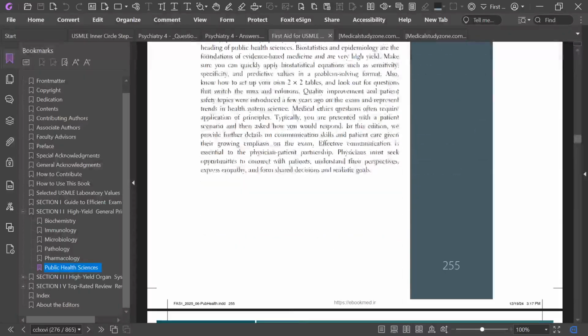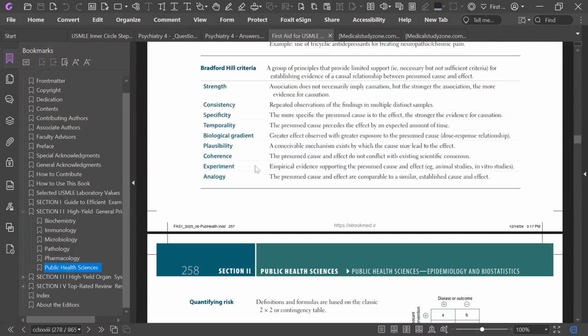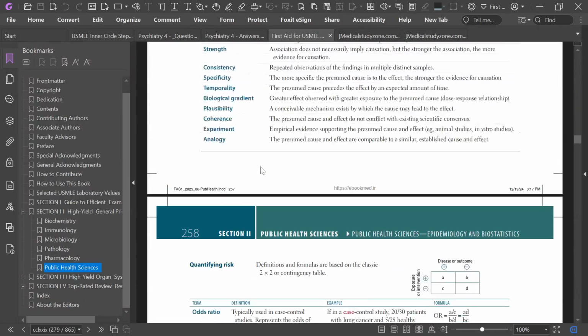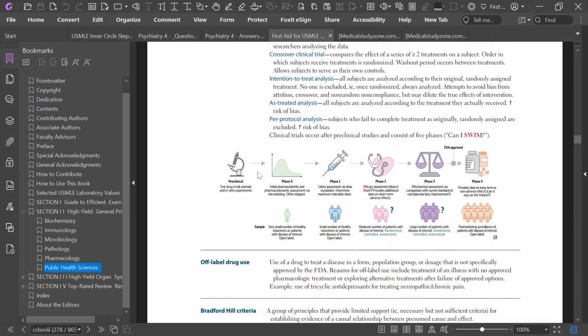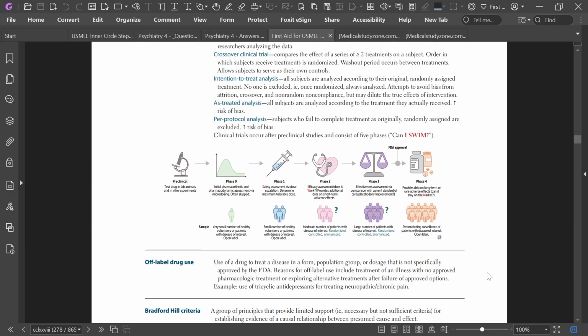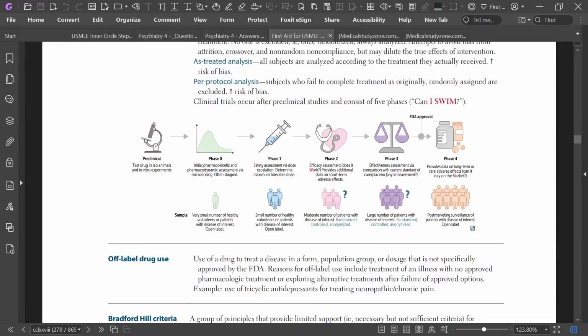Do you remember about phase 0, 1, 2, 3, 4? No, I don't remember. I know I used to differentiate them by the number of patients, but I don't remember, like 0, 10, 100. Okay, look at this box. Are you sharing?